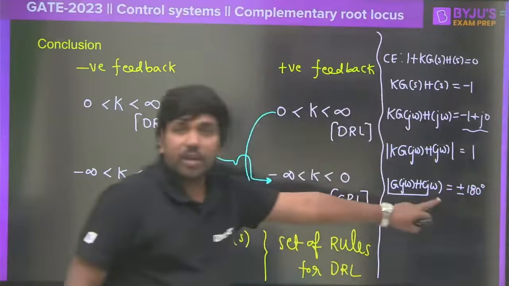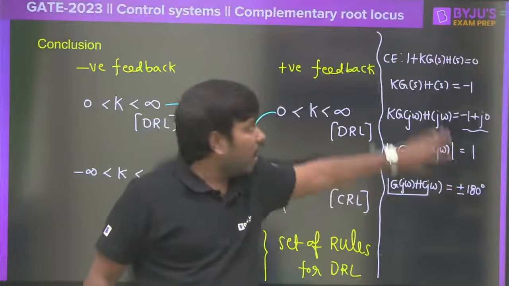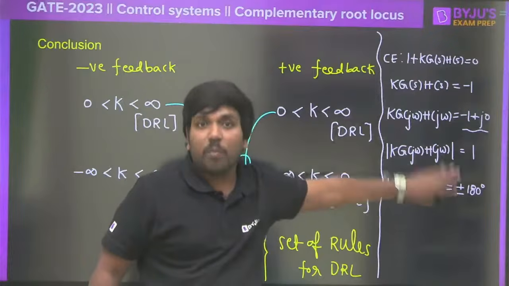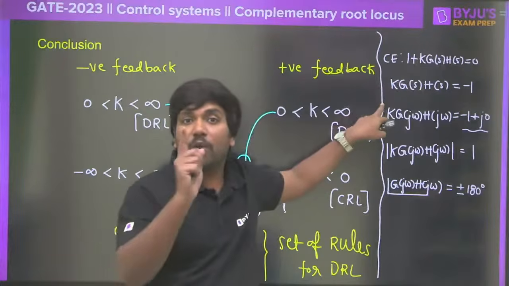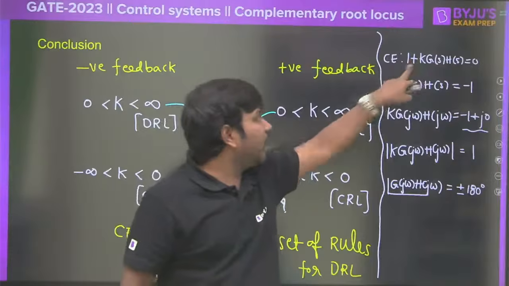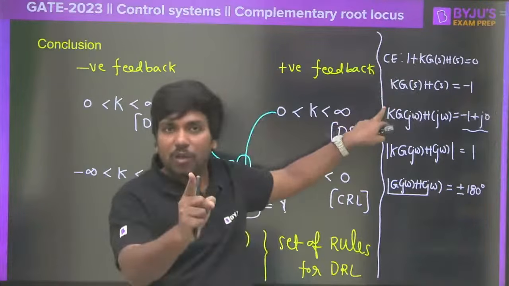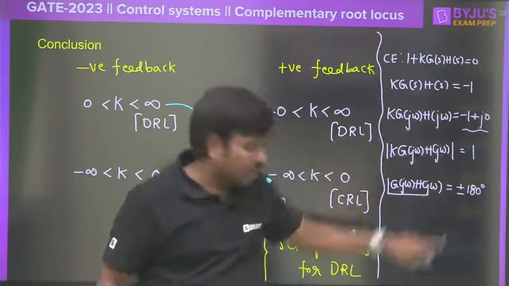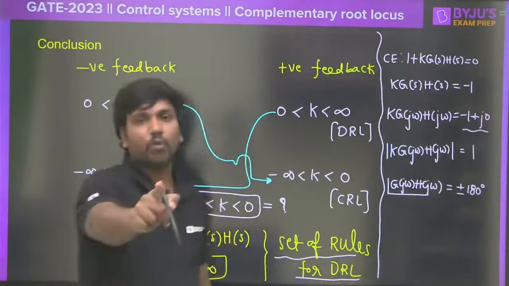This is perfectly valid if you have negative feedback and a positive value of k. All the conditions you have studied so far are going to be valid, and all the rules you can apply as they are.